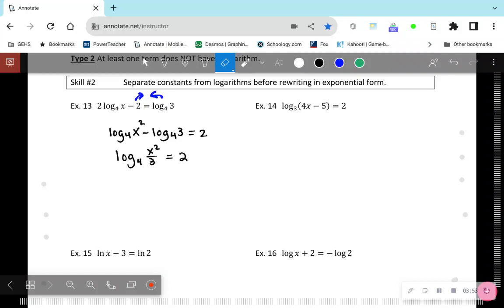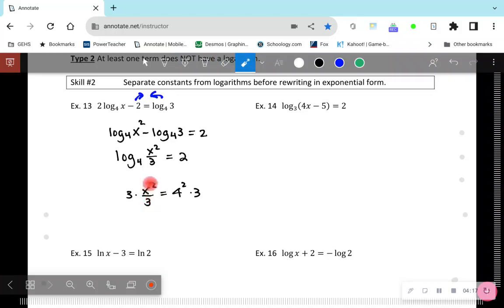And now we're going to take a very different approach than we did last time. We're going to say 4 to the second power equals x squared over 3. So we're going to unravel this and write an exponential equation instead. And you can see that here.